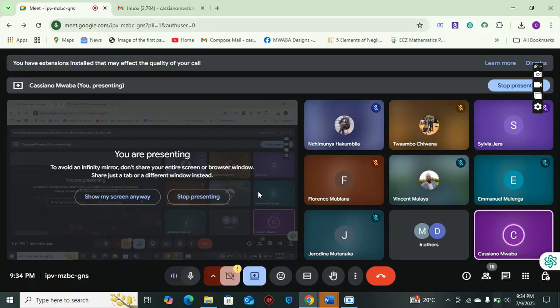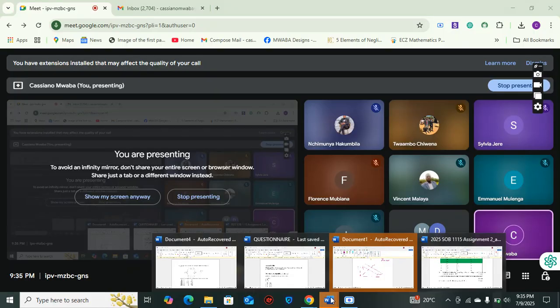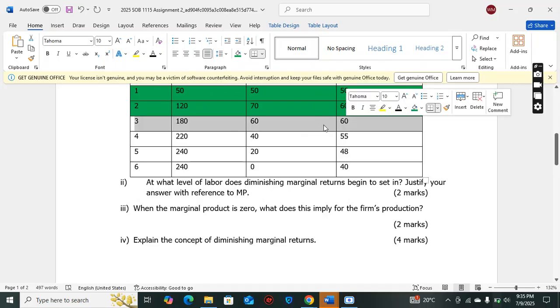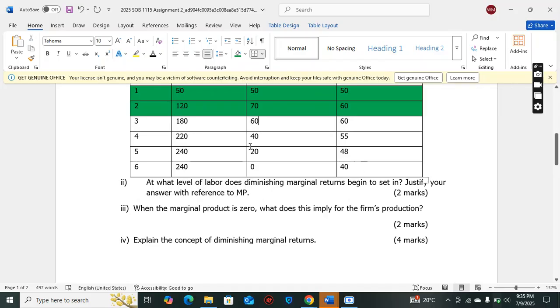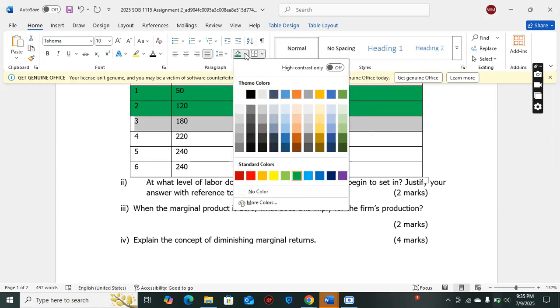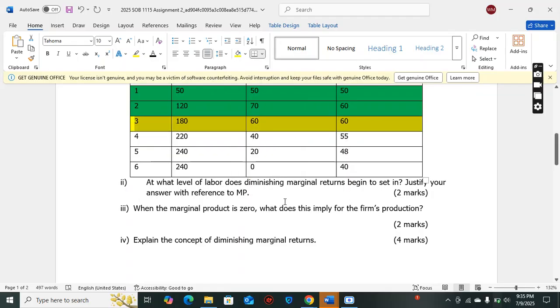That's when you know diminishing returns has begun. And as the marginal product continues to reduce until it reaches below zero, then you have negative returns. So, colleagues, it begins here at three workers because marginal product has started to reduce. Are we okay with that? Any questions? Thank you, Mr. Twambo, for that.